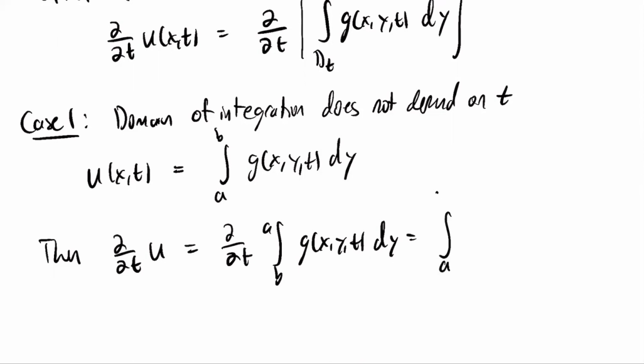So this is the integral from a to b of d/dt of g, right? And so what we've done here is basically switch the role of the differentiation operation and the integration operation, right? So the derivative of the integral is the integral of the derivative, as long as the integrand is a function of this variable t, right?